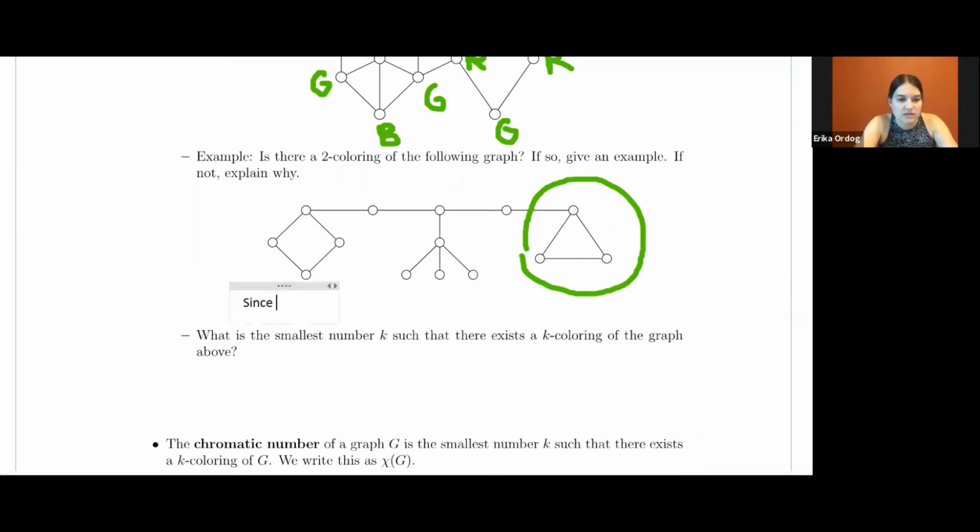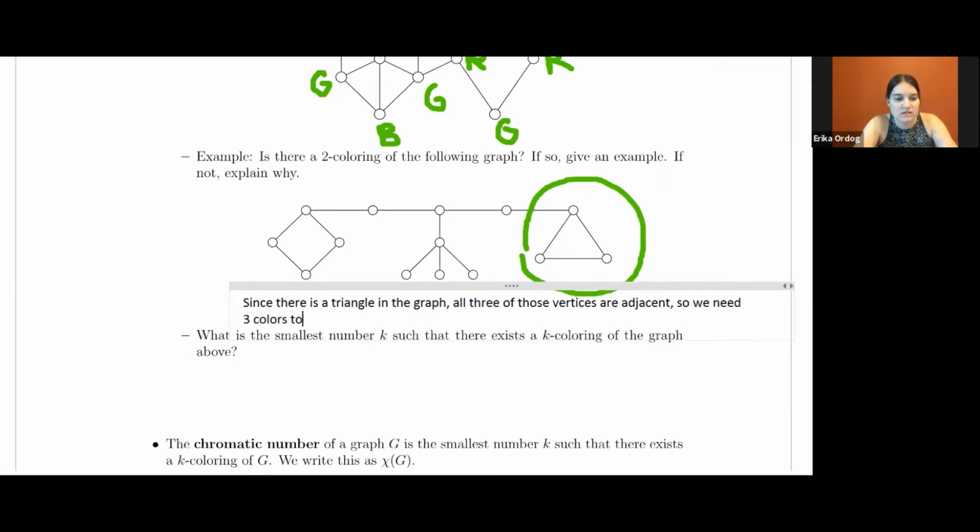Since there is a triangle in the graph, all 3 of those vertices are adjacent, so we need 3 colors to color in the vertices. Therefore, there's no 2 coloring.